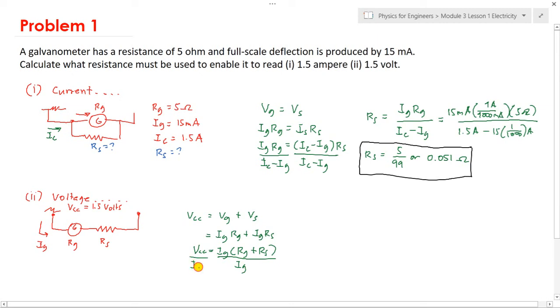Divide na ta si IG para solving for RS man ta. So we now have RG plus RS is equal to VCC all over IG. Transposing RG on the other side, so we have RS equals VCC over IG minus RG.